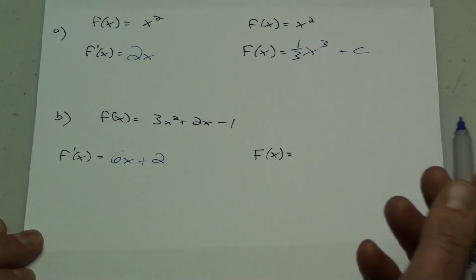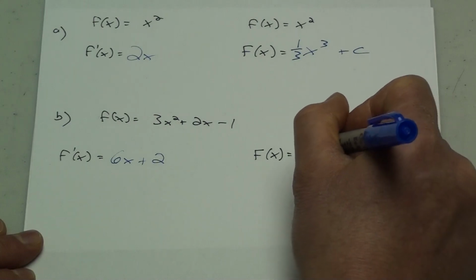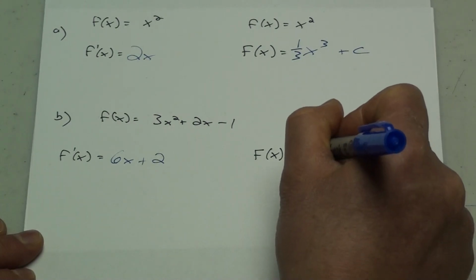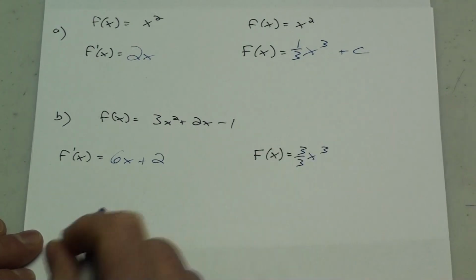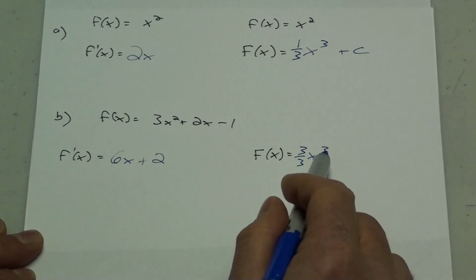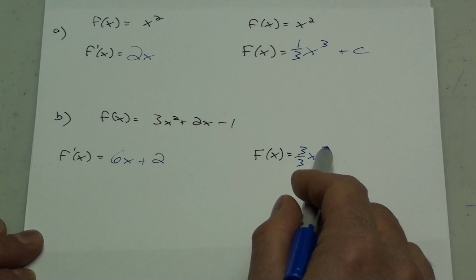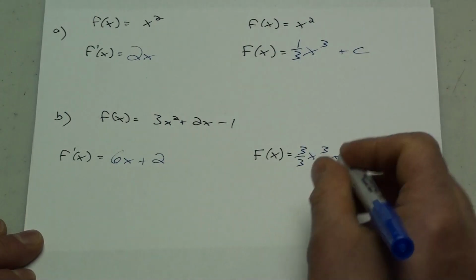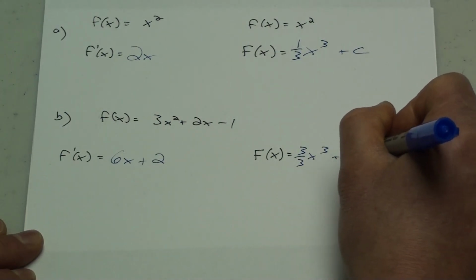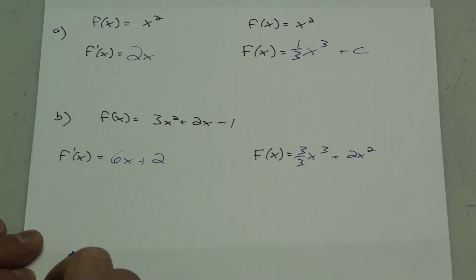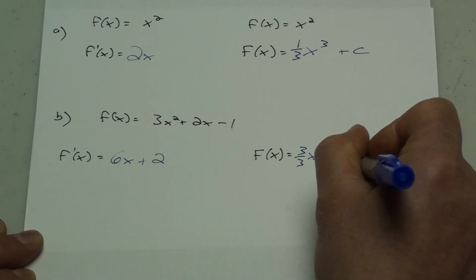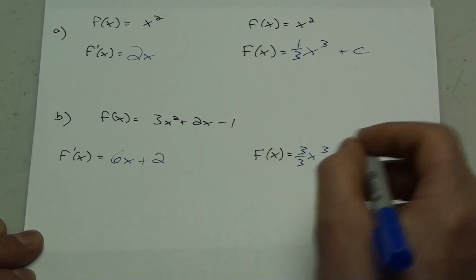To do the antiderivative, I'm going to increase the exponent and divide by the increased exponent. So I had 3x squared; it's going to become 3 over 3, x cubed, plus the 2x, which becomes 2x squared by increasing my exponent, divided by my increased exponent.